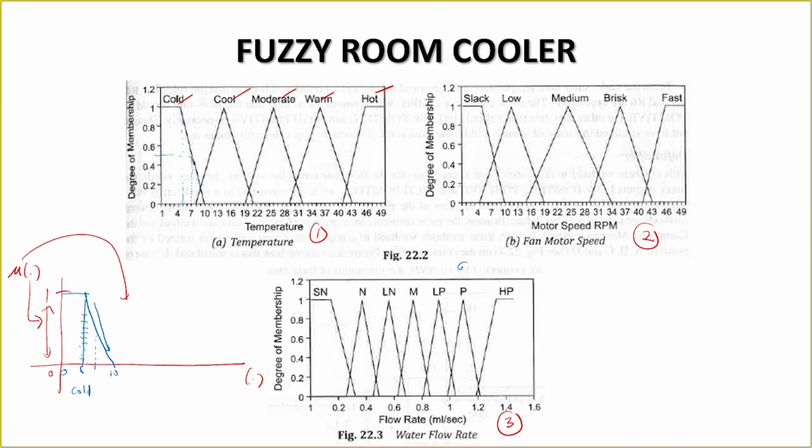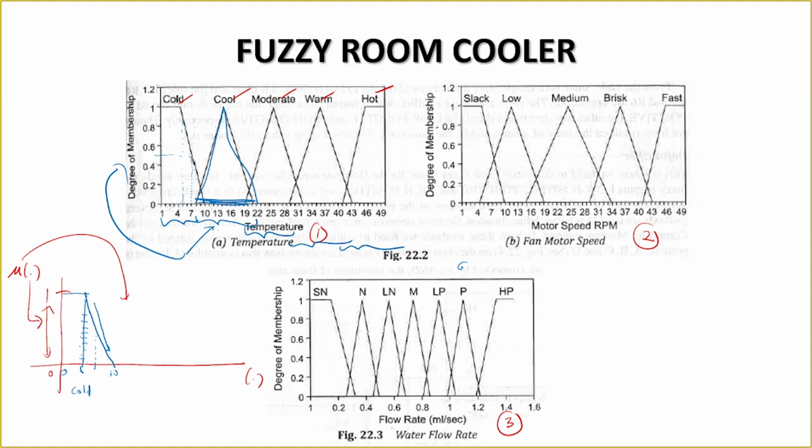For the cool, it states that the environment of the cooling system happens from 7 to 22. So this range would be the degree, right? At this region of temperature, the membership increases and decreases over this range. So that would be the idea of cool, right? The same goes for moderate, warm, and hot, etc.